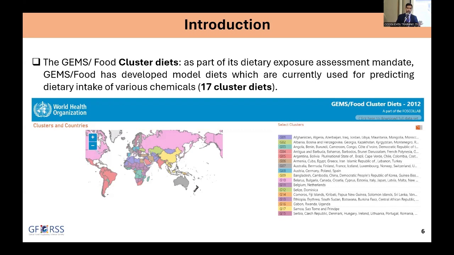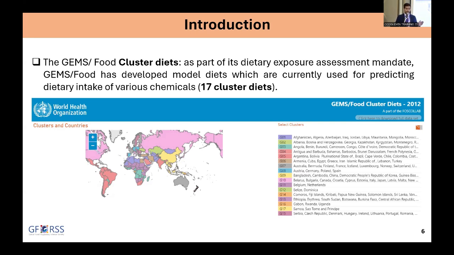Not speaking a lot about the food consumption part, but just to repeat the information that was presented by Dr. Eli: GEMS Food also has food consumption data accessible, and they have geographical divisions and distribution of countries according to different WHO regions. And here you can see the different diet clusters.